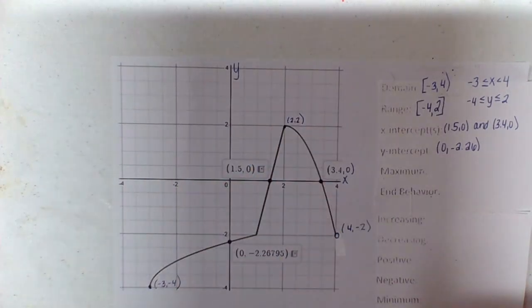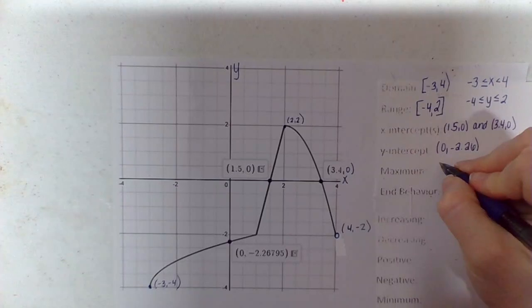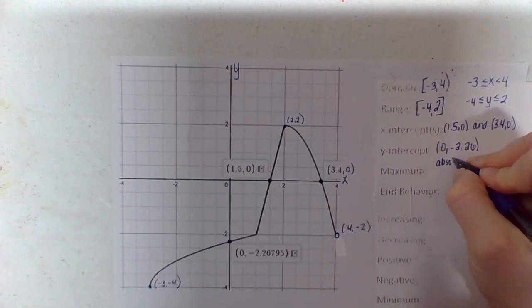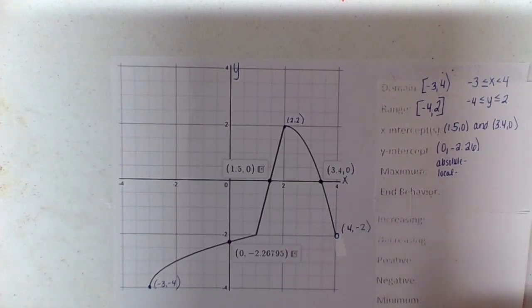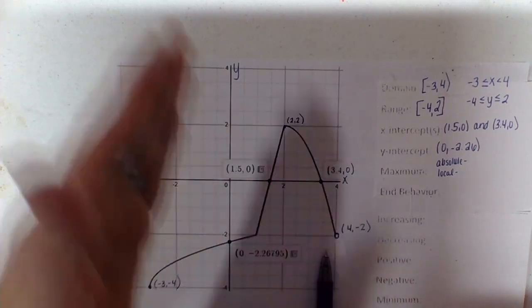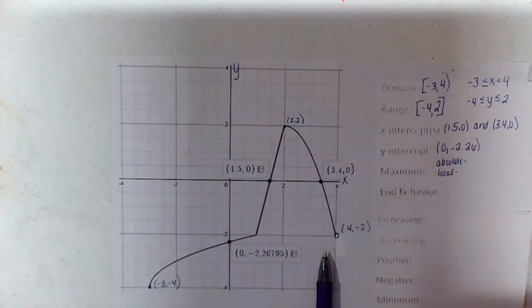Now we have to figure out our maximum situation. Do we have an absolute and do we have a local? First up, what is the absolute maximum? What is the full-on highest point? Our previous one, we kept going to infinity, so we couldn't define a point.